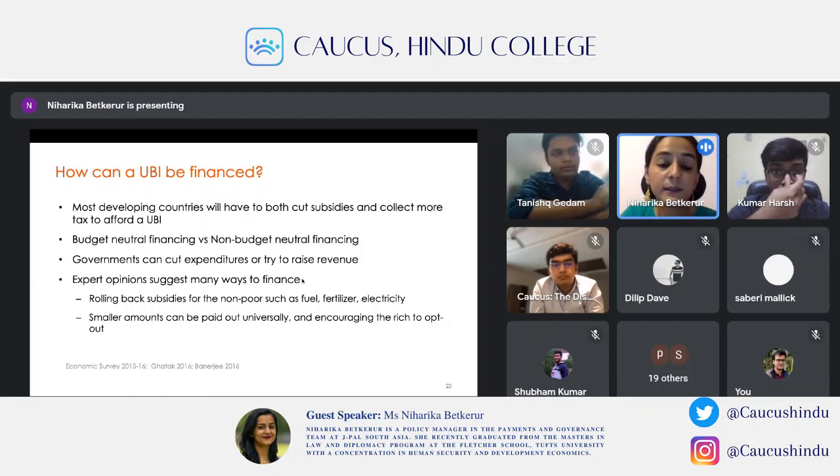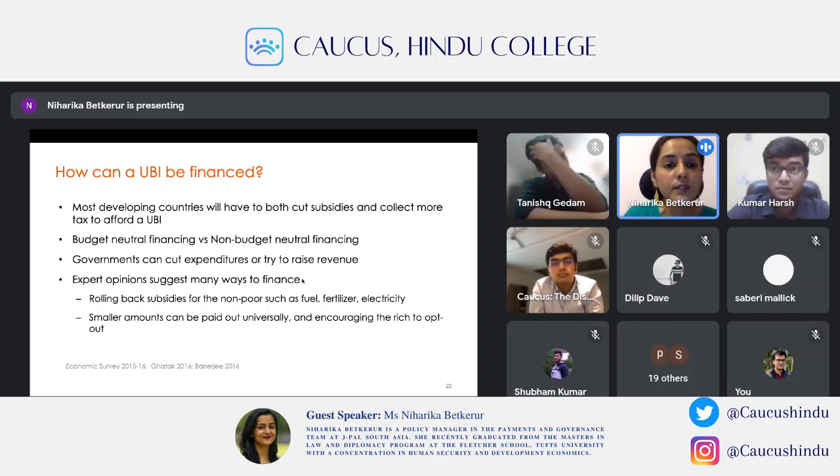And to make it more financially manageable, governments can also consider giving out smaller amounts which can be paid universally, but then encouraging the rich to opt out by making it more cumbersome for them to access the benefits, or just starting a voluntary opt-out program.